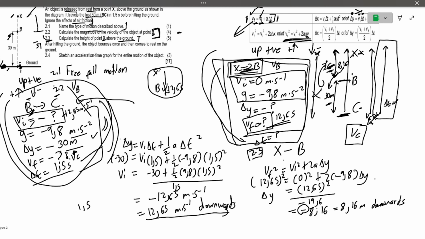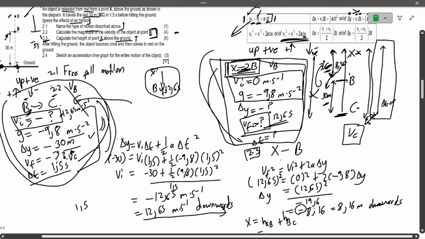So X equals the height from X to B plus BC, which is 30 plus 8.16, and that is 48.16 meters. So this is it.